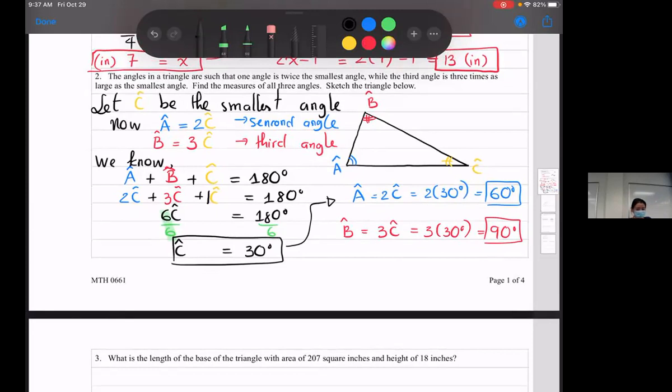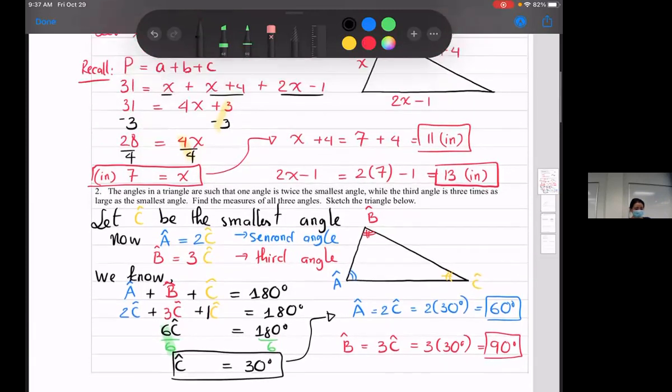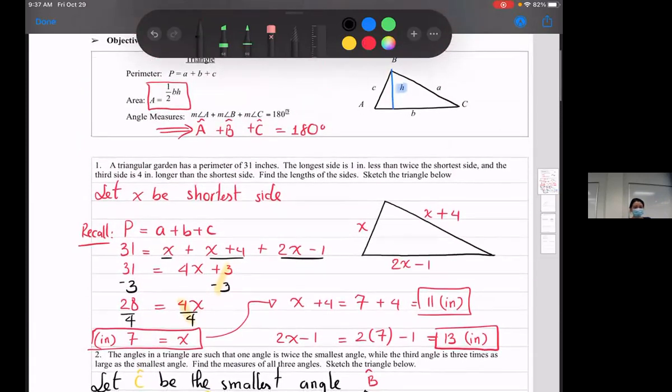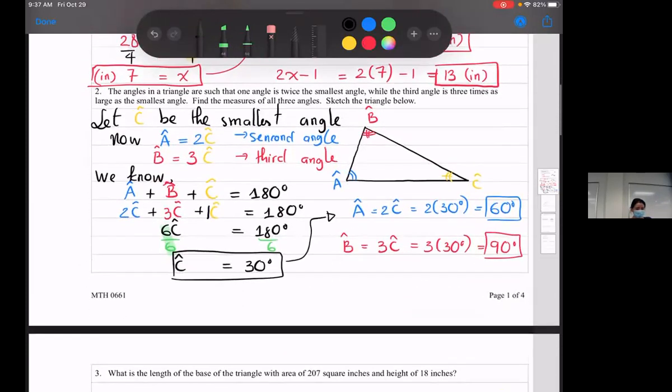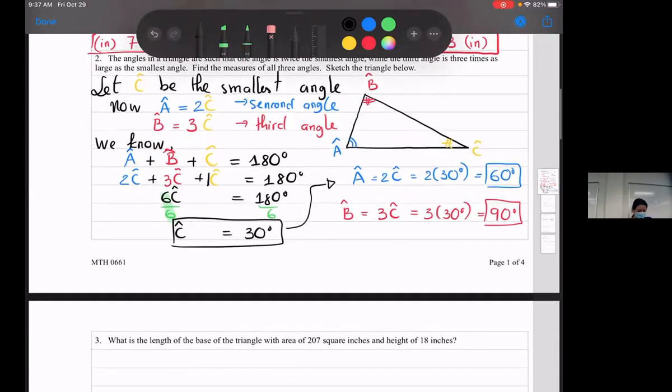The formula is all the angles add up to 180, right here at the top, the one in the arrow: A hat plus B hat plus C hat equals 180. You're welcome, no problem.